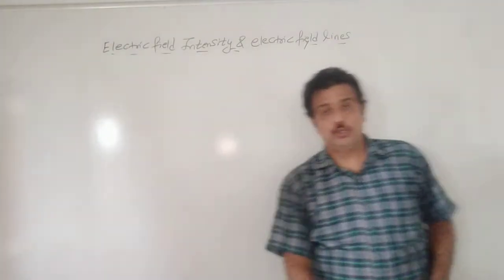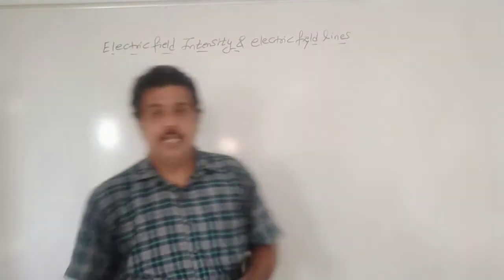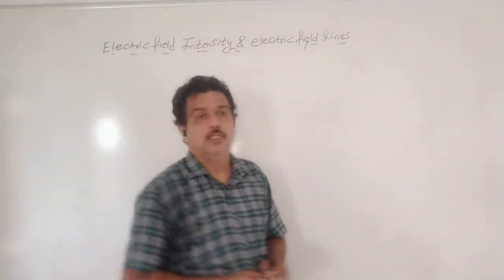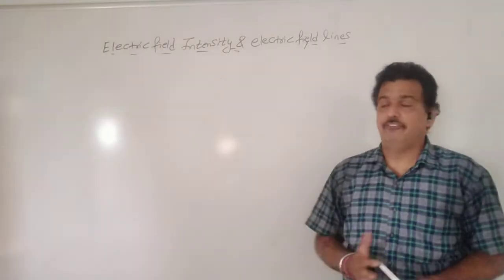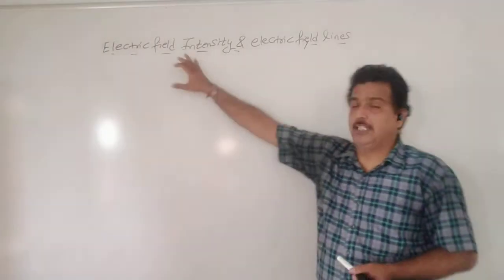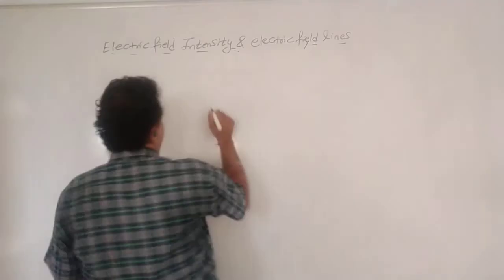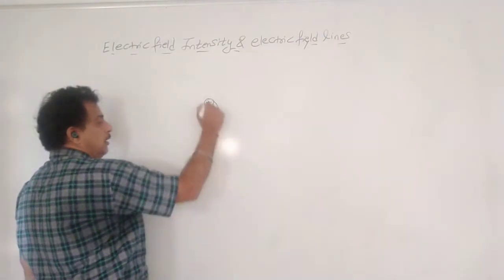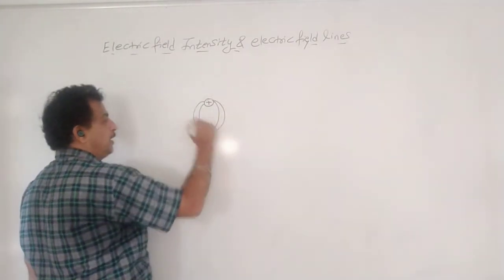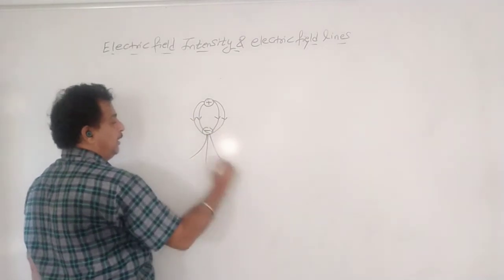If our source is positive, the field lines are radially outward, and if the source is negative, the field lines are radially inward, and the electric field shape is spherical for point charges. For a system of charges, say plus and minus, we have field lines that are curved, starting from positive and terminating at negative.